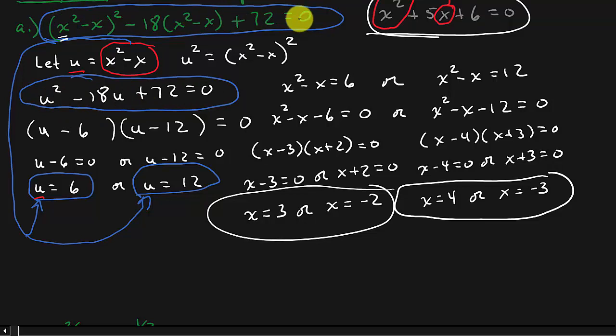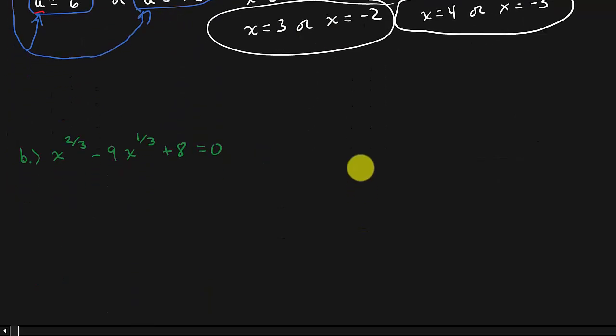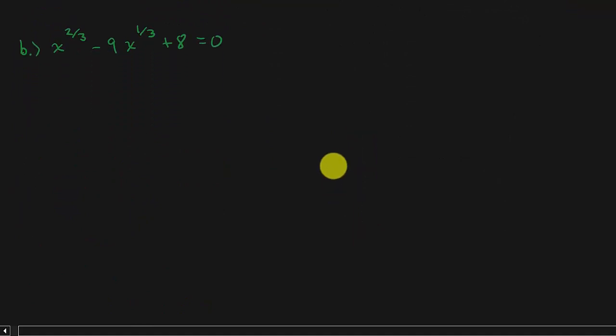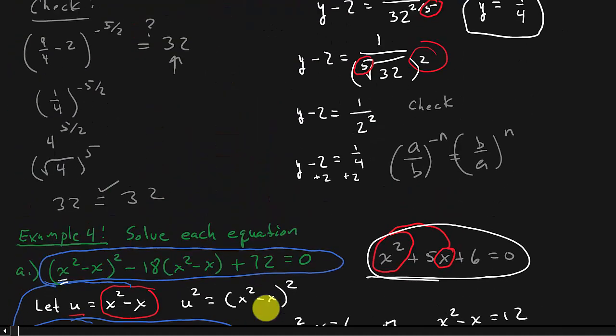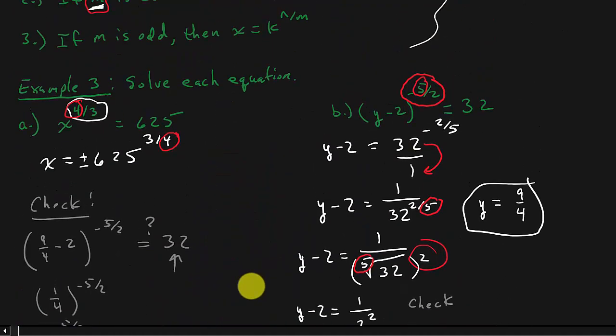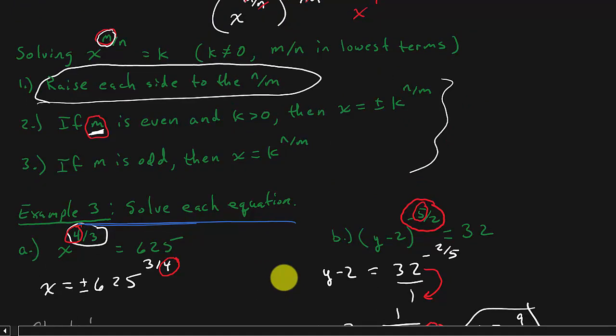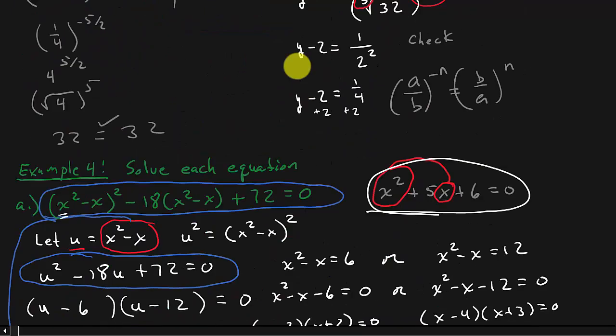All right, so let's look at the next one. Here we've got another one. This one has rational exponents. So the first thing that might pop into your mind are the problems that we worked up here in example 3. But if you notice, we don't have just x raised to a power equals a number.